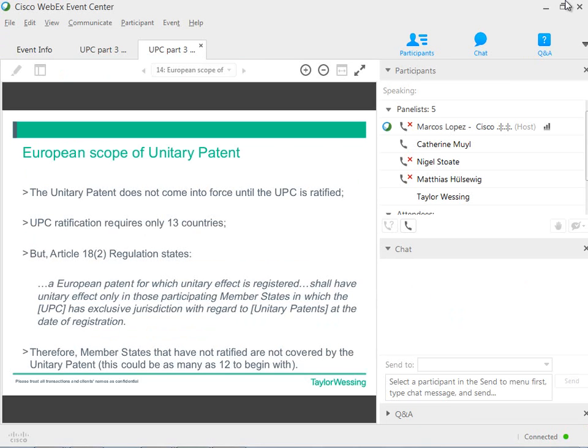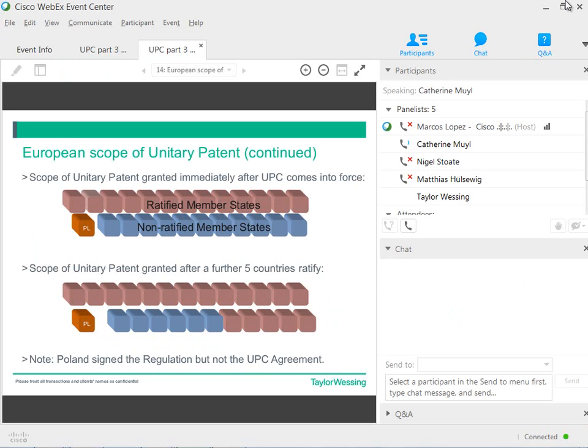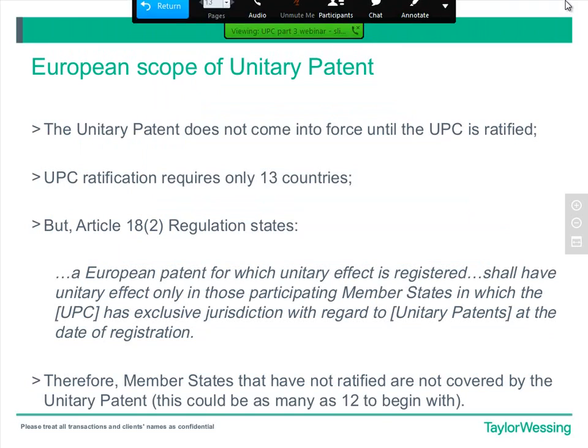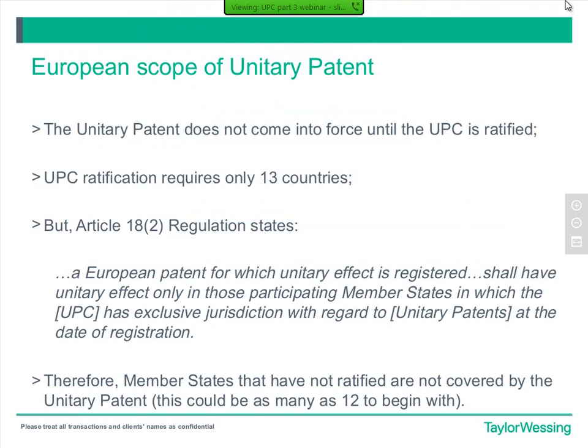Then the next question is, what will be the geographical scope of these new unitary patents? And the answer is in Article 18.2, which says: A European patent for which unitary effect is registered shall have unitary effect only in those participating member states in which the UPC has exclusive jurisdiction with regard to unitary patents at the date of registration.